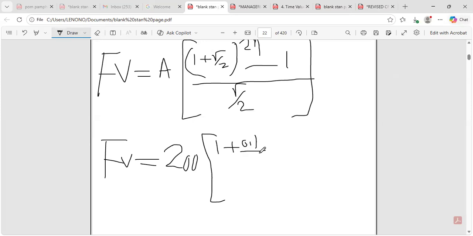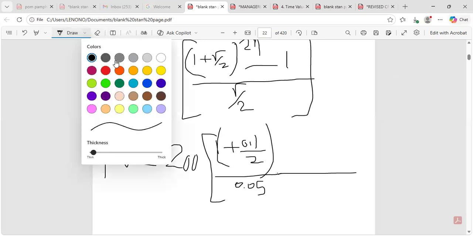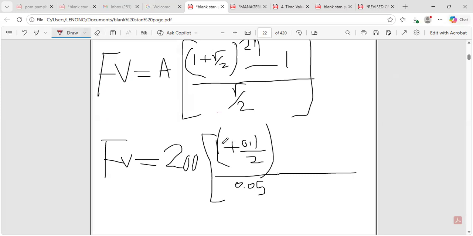So 0.1 divided by 2 is 0.05. In the power, take note, there's a 2 here for only 2 years, minus 1.